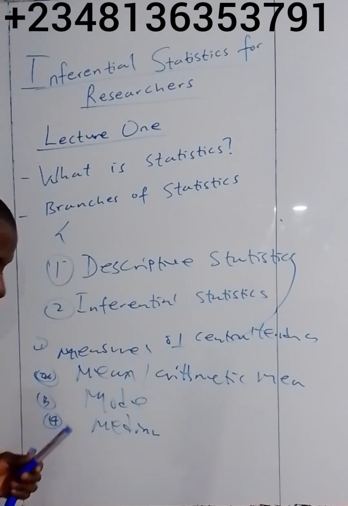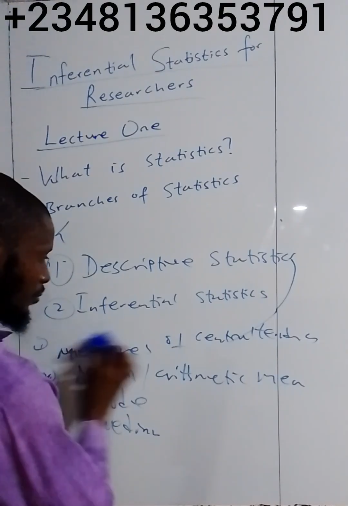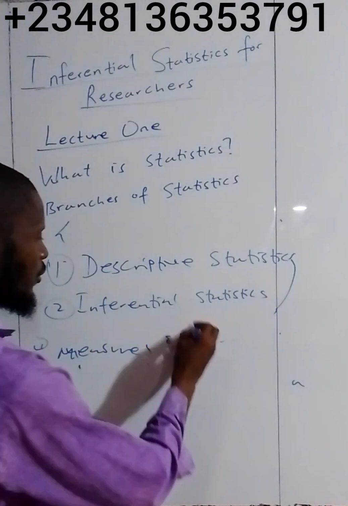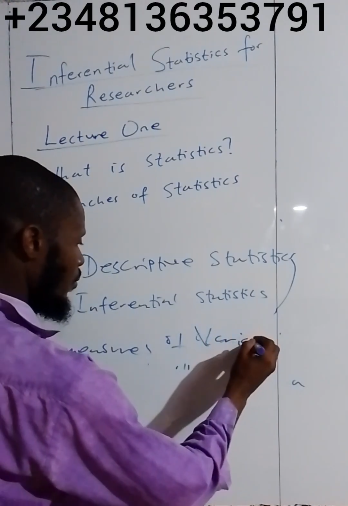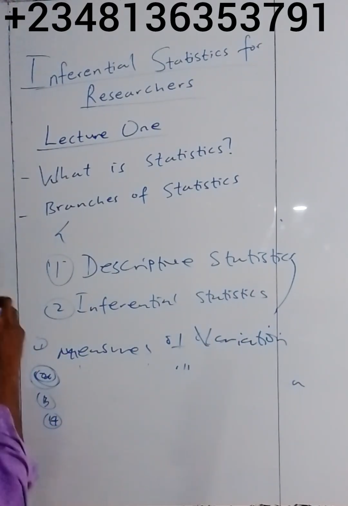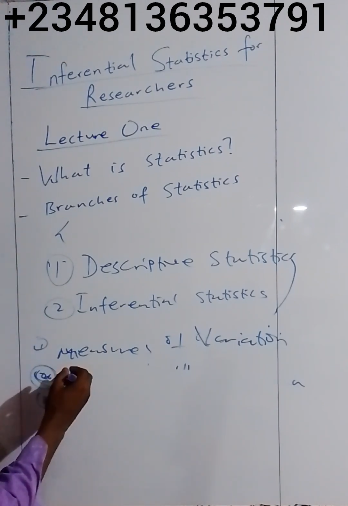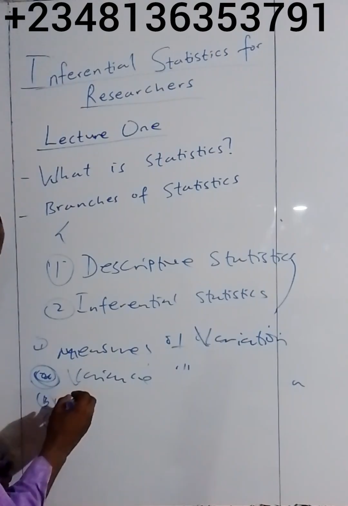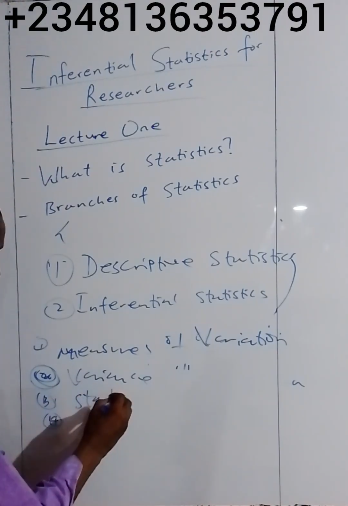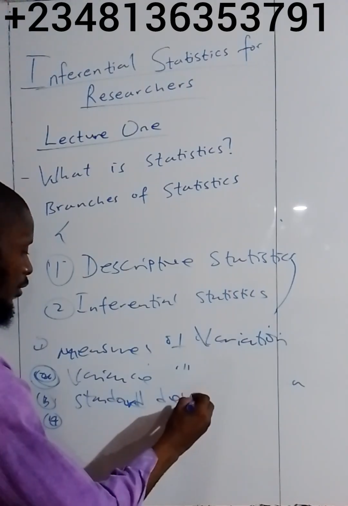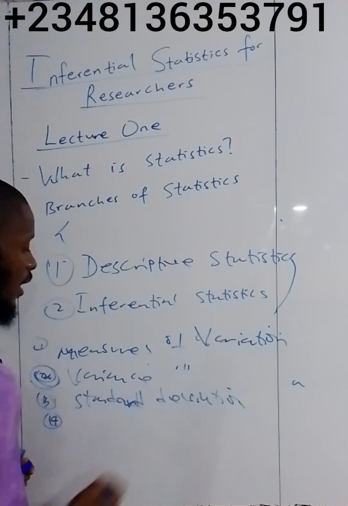We can also use measures of variation, or what we call measures of spread. The popular ones are variance and standard deviation. These are the two popular ones.